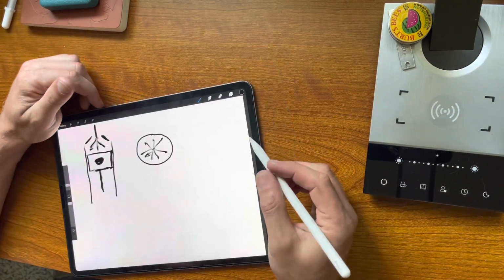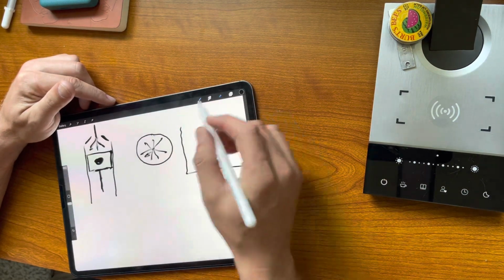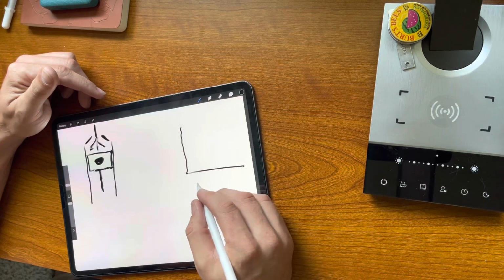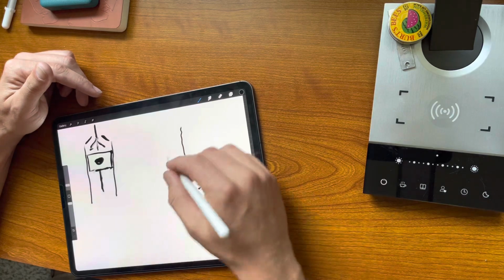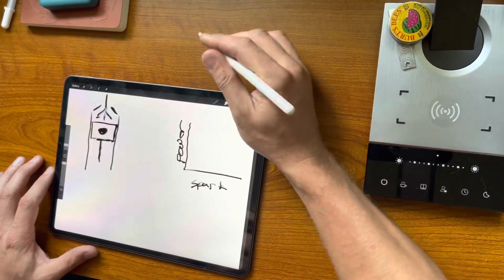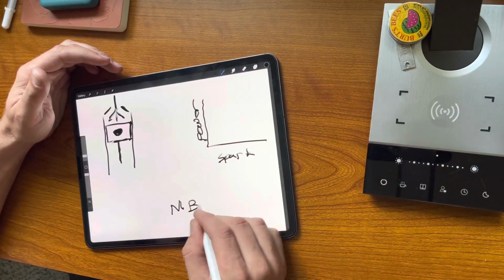So let's talk about timing for a second. We'll draw a little graph here. And on this graph, we're going to have spark timing, right? Got our spark. And then here we're going to have power. Now, when you're timing an engine, you're looking for what's called mean best torque, which is considered MBT.